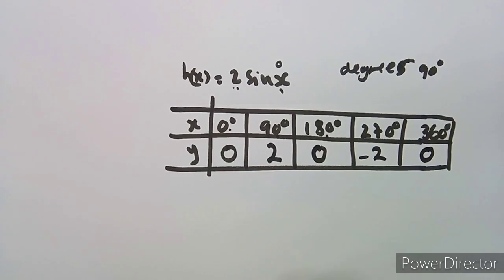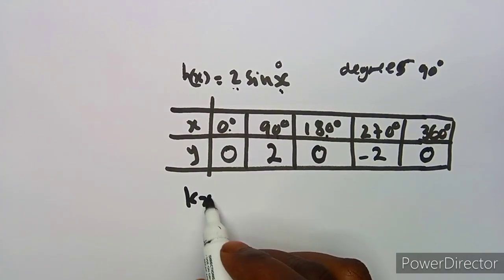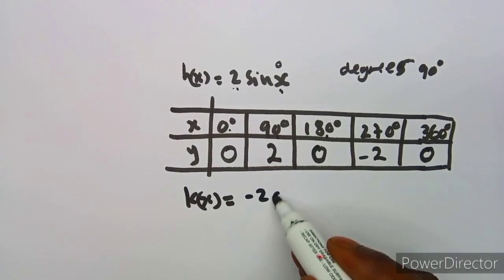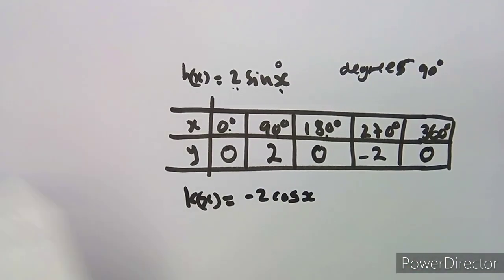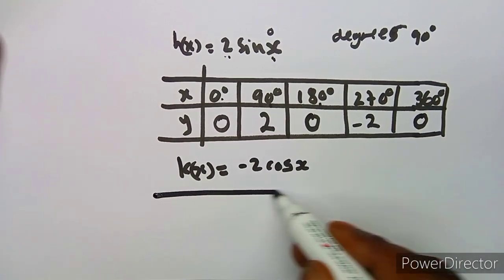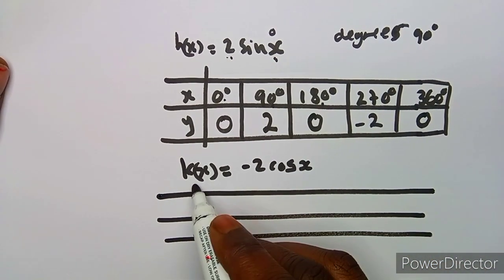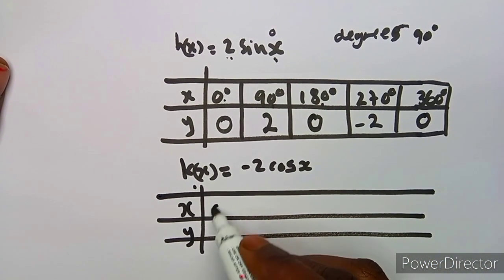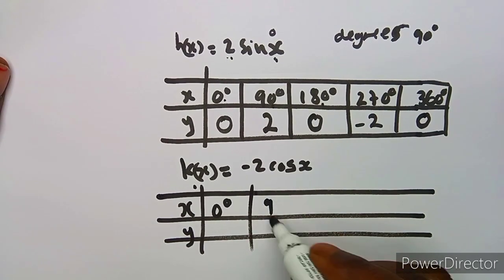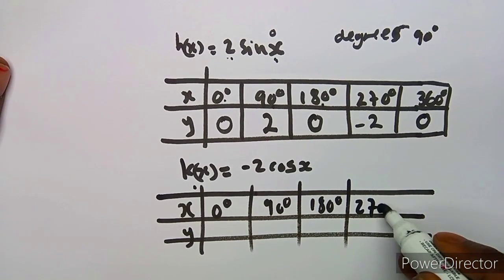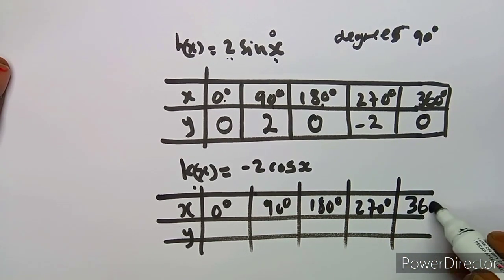The same thing you do for k of x, which is equal to negative 2 cos x. So you do the same thing. You need to have your table. Cos uses the same interval as sine: 0, 90, 180, 270 here, 360 there.